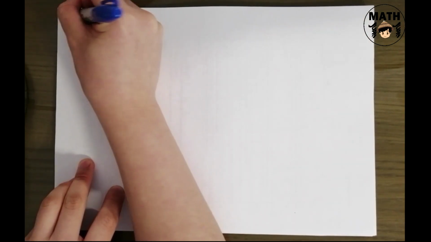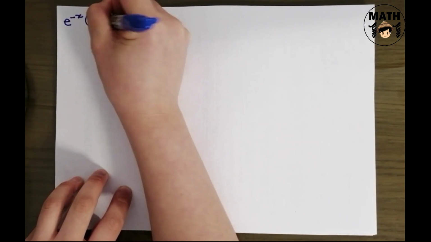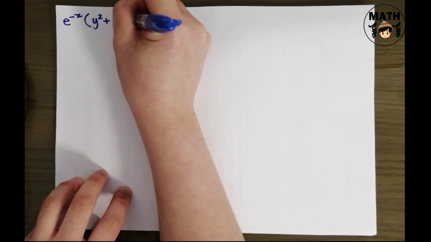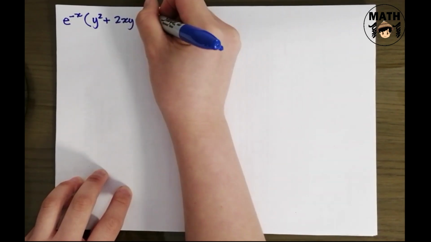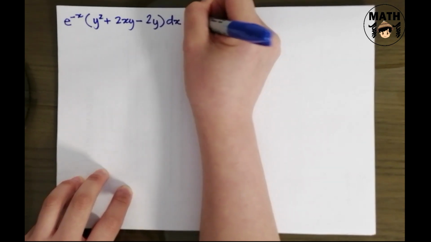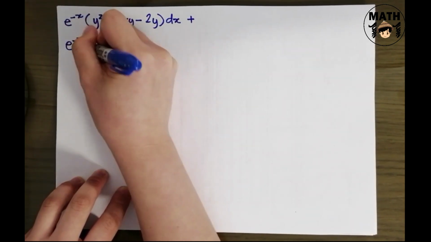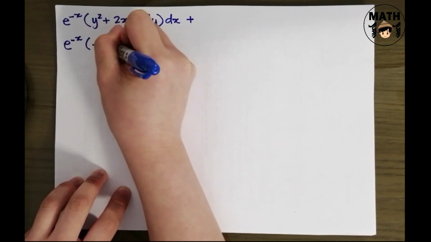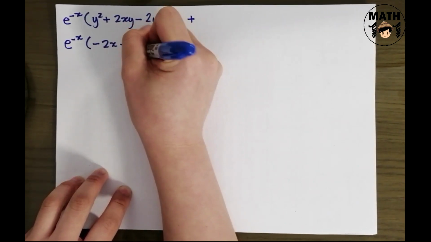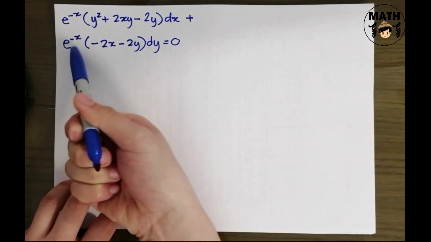Multiplying e raised to negative x sa ating original equation, y squared plus 2xy minus 2y dx plus negative 2x minus 2y dy equals 0. Distribute lang natin.